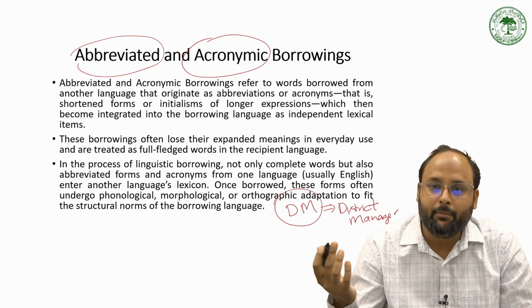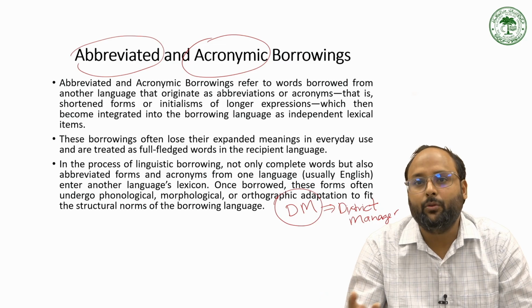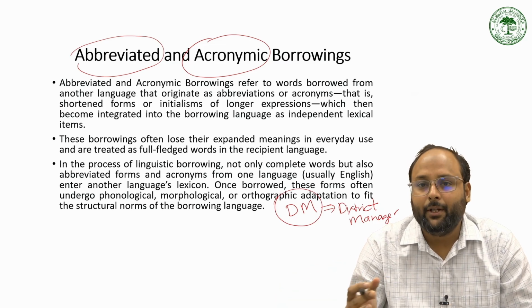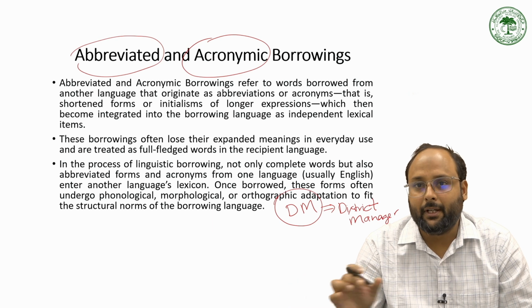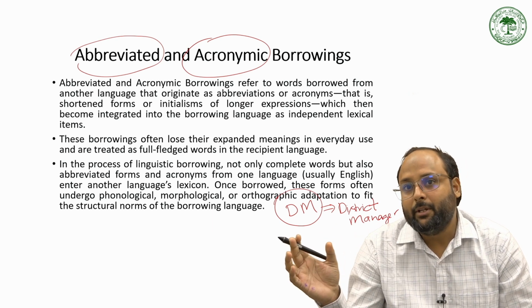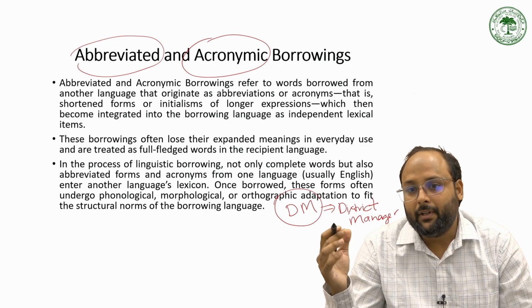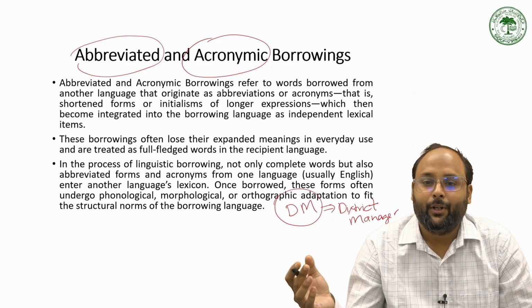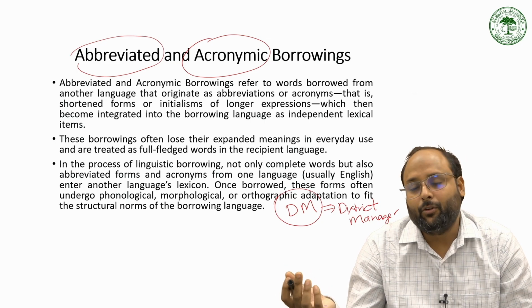We are using WHO, ISRO, UNESCO, UNICEF. We are not worried about the full form, as the abbreviated form just gives the meaning. We do not need to worry about the full form of those words.